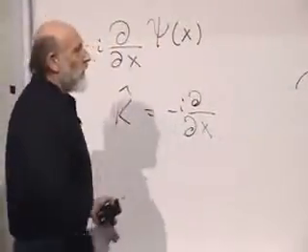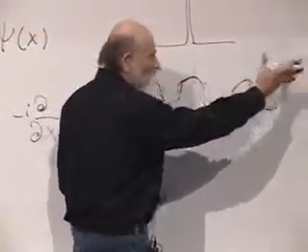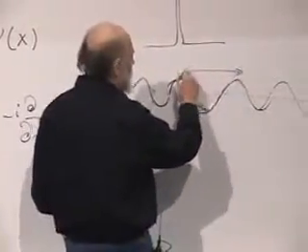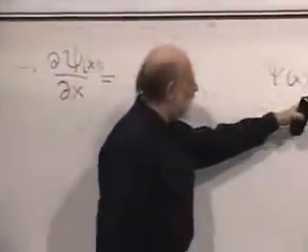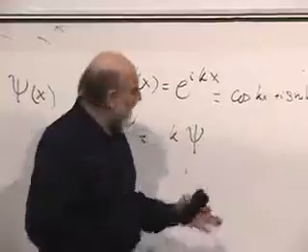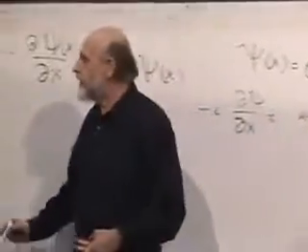Well, first of all, let's think about the wavelength of these oscillations. These are waves. The wavelength is the distance that you have to move before cosine kx comes back to itself. Cosine 0 starts at 1. How far do you have to move before cosine comes back to 1?